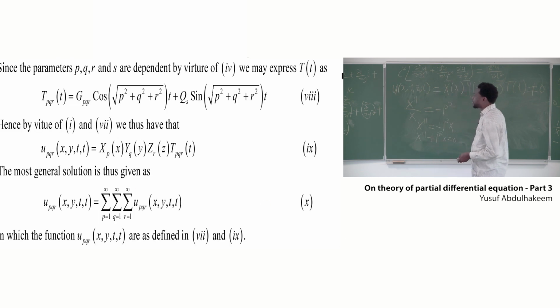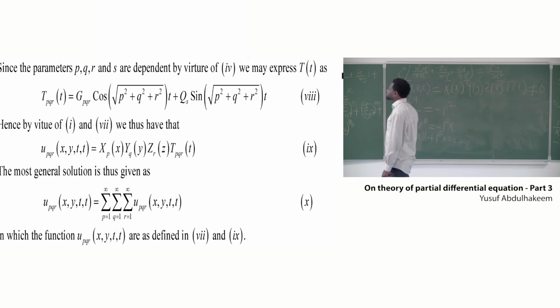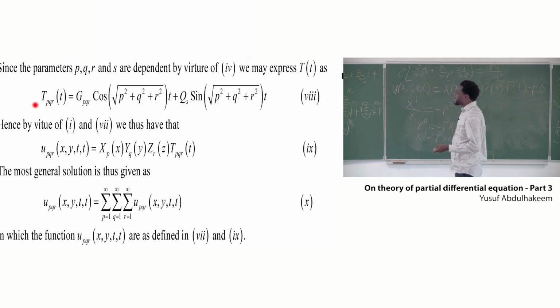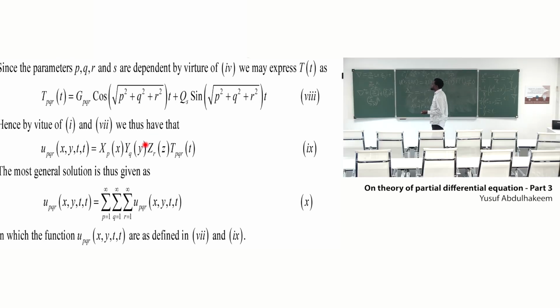The next thing we are going to do is, since the parameters p, q, r, and s are dependent by virtue of 4, we may express T(t) as what we have here. Hence, by virtue of 1 and 7, we have that the solution u(x, y, z, t) is equal to what we have here.